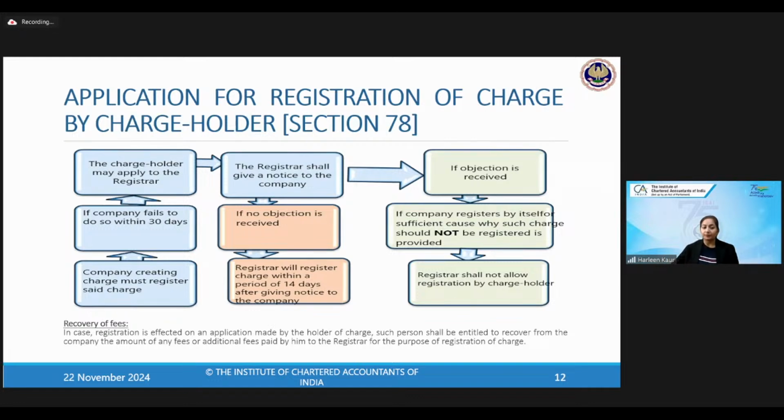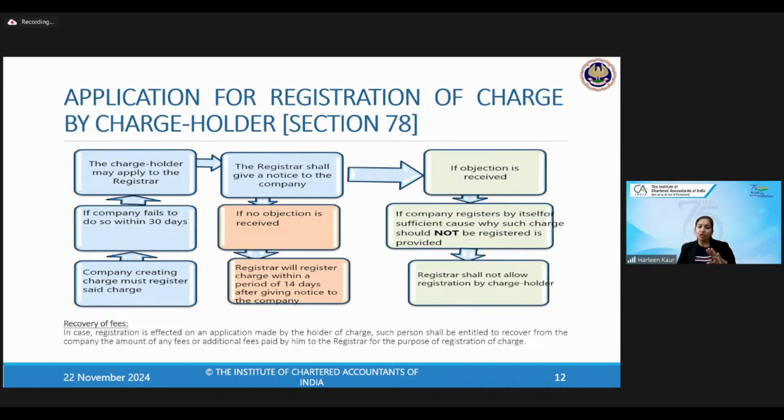Have you understood? Let's have a quick recap of Section 78. Number one, the company did not register the charge. The company fails to do that, though it is the duty of the company. Who will go then? The charge holder will go to the registrar for getting the charge registered. The registrar will send the notice to the company. Then it has two options: either raise the objection and stop the charge from being registered, or get the charge registered itself.